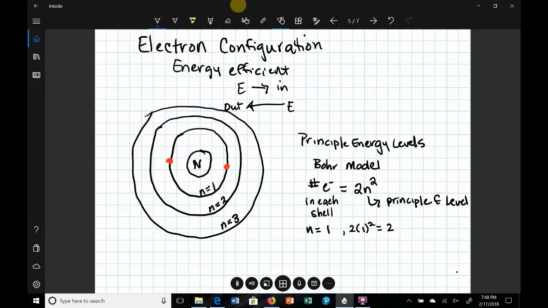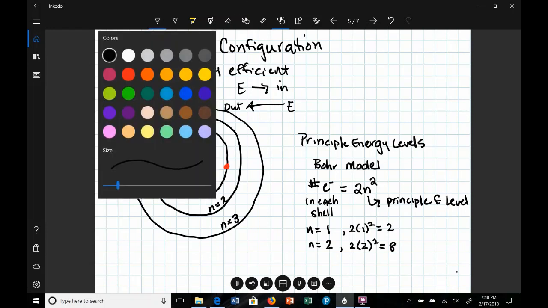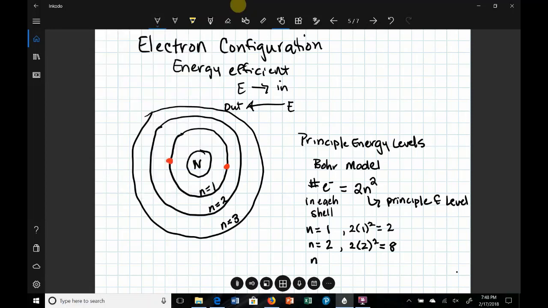So if we're thinking about the next energy level, we are able to put 8 electrons. And in energy level number 3, we are able to put 18 electrons.